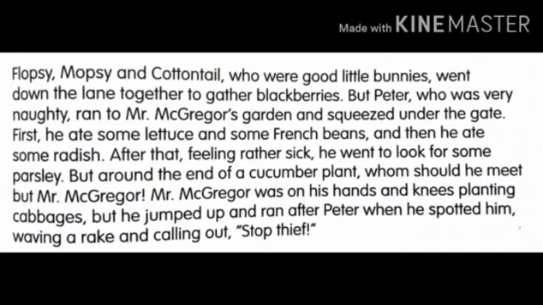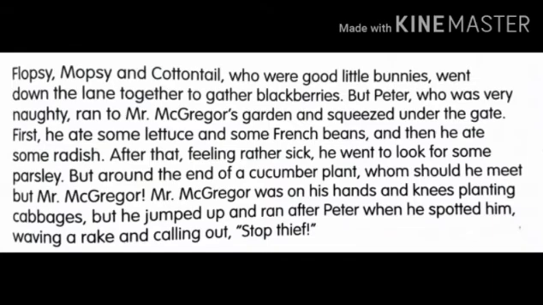He doesn't pay attention to the rules and regulations parents ask him to follow. So what did Flopsy, Mopsy and Cottontail do? They went down the lane together to gather the blackberries. Gathering means to collect. The 3 of them went down the lane because mother asked them to go down the lane. So they went there and they gathered the blackberries.